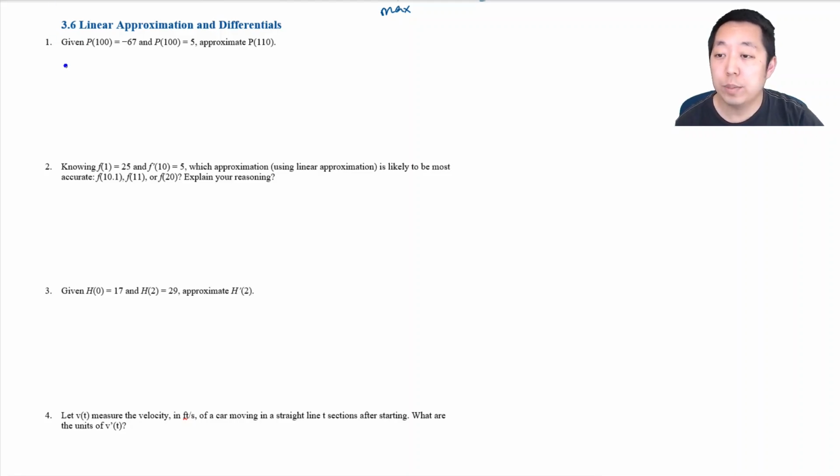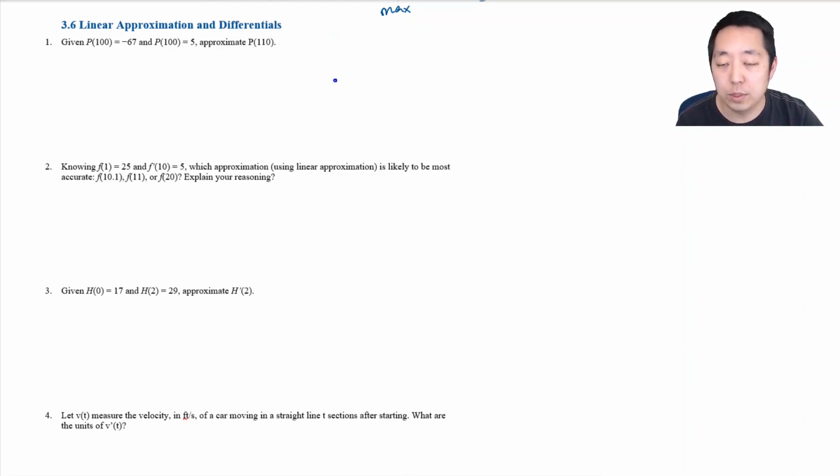So the next thing we're going to be looking at is linear approximation and differentials. Both are similar in terms of the execution, and the concepts are very similar in the idea. The idea is that we're going to use a linear approximation to estimate a value, to say, like, I'm going to look at it as a straight line near a point that I know. And we can either describe it as a differential or as a linear approximation.